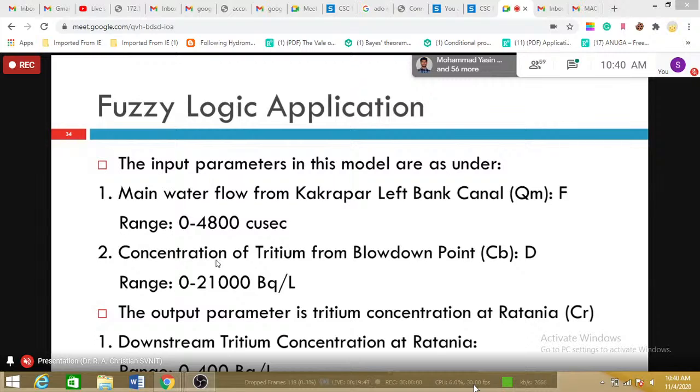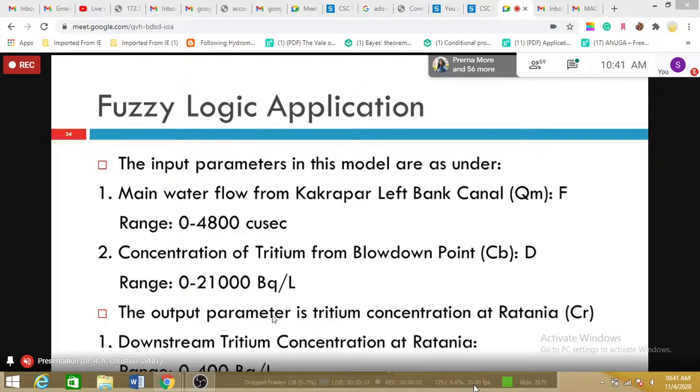We had a concentration of tritium which was released from the blowdown point, which we defined as CB, and the concentration of tritium released from the blowdown point was ranging from 0 to 21,000 becquerel per liter. This is what data we had.